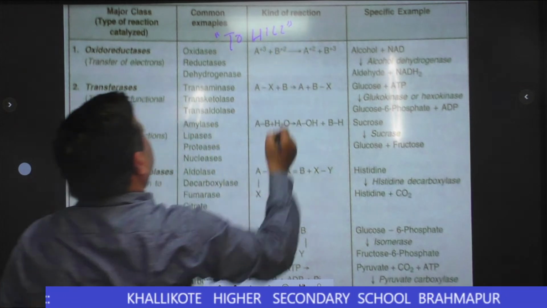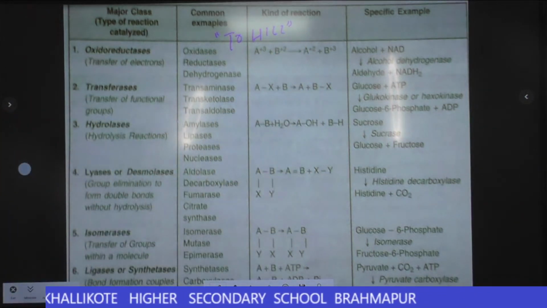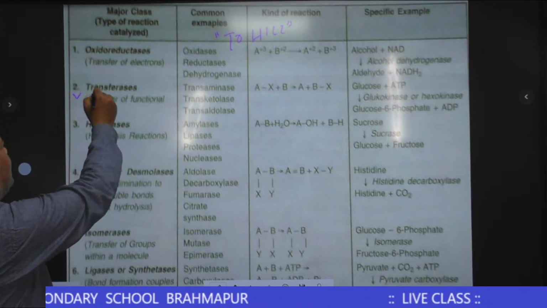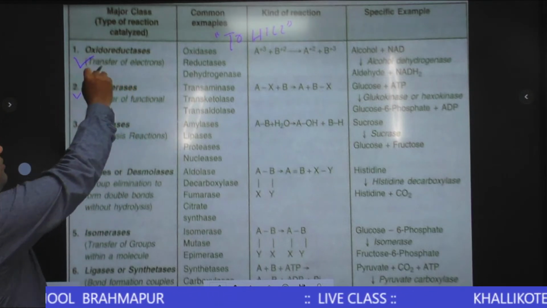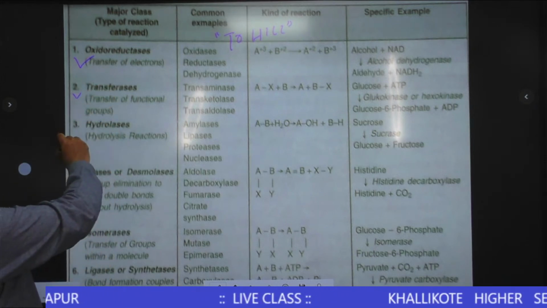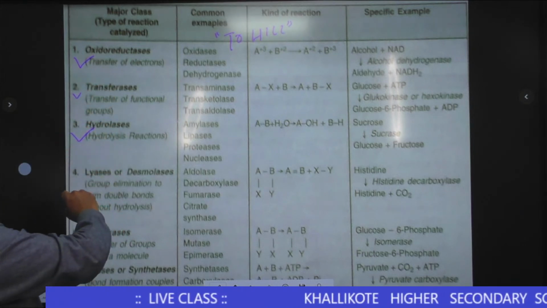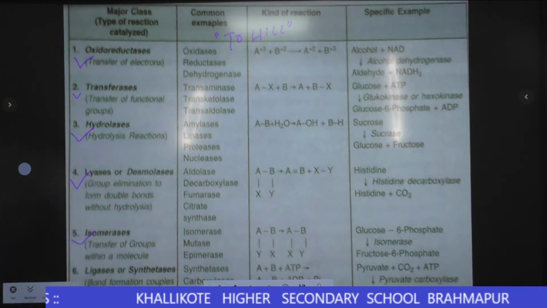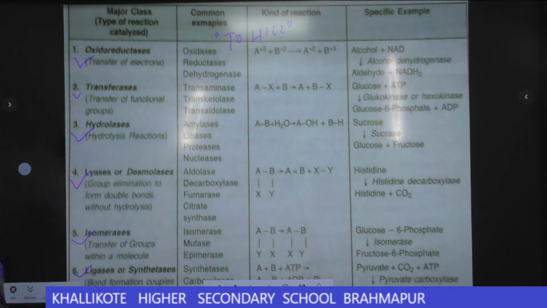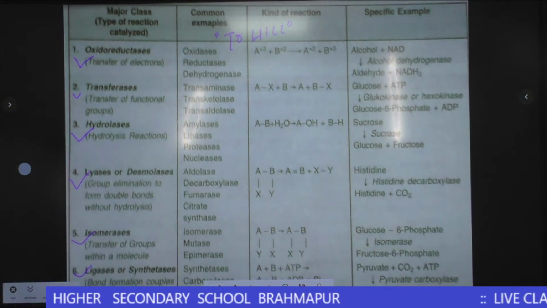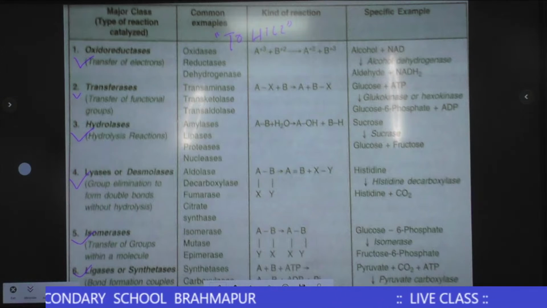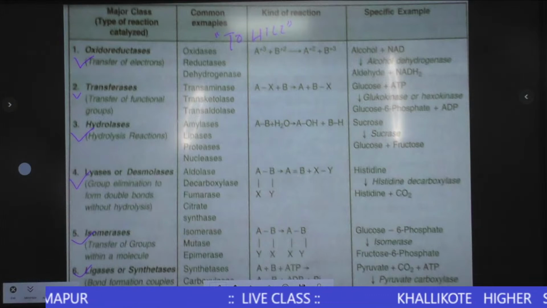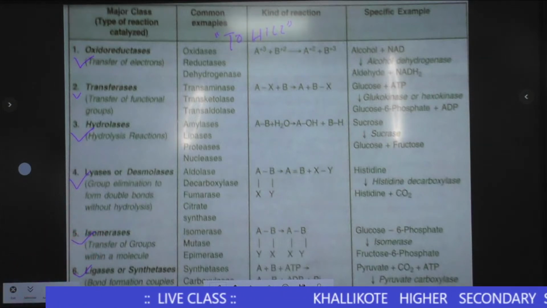You can remember the 6 major classes of enzyme with 2 wheel. 2 means transferase, O means oxidoreductase, H means hydrolase, I means isomerase, L means lyase, and L means ligase. 2 wheel: transferase, oxidoreductase, hydrolase, isomerase, lyase, ligase. These are the 6 major classes of the enzyme.